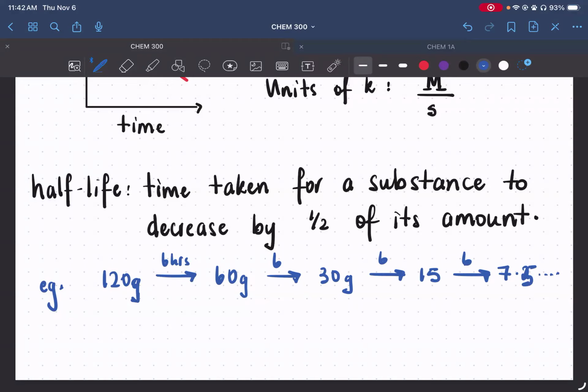Half-life is the amount of time taken for a substance to decrease by half its amount. This is what's most commonly used in radioactive dating. Scientists are able to calculate the amount of a specific substance that exists on a person or object, and knowing its half-life, they can age it or determine the age of it.